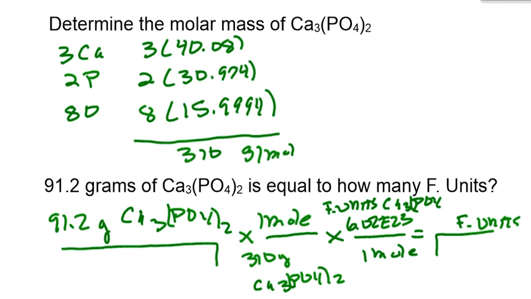So you see that the process remains the same. We just have to calculate the formula mass or molar mass of this compound first. And notice how the 6.02 goes with the formula units. And of course, we can always use an answer. This is 1.77 e to the 23rd. And that's how we do compounds with the mole concept.